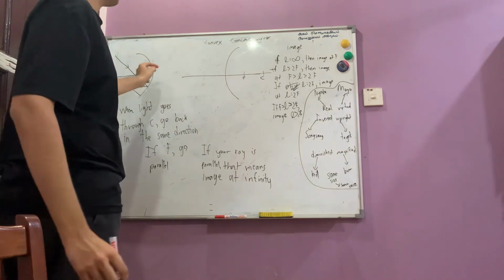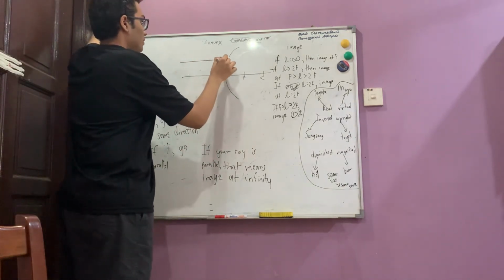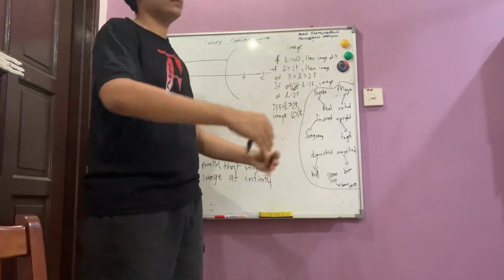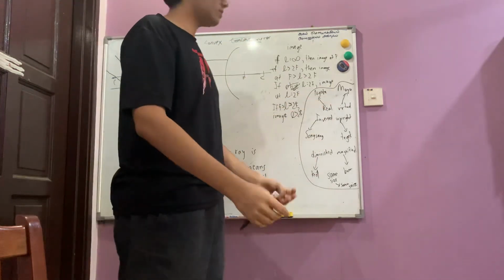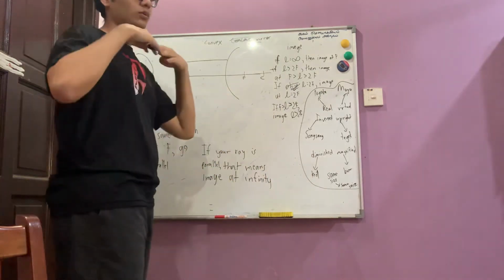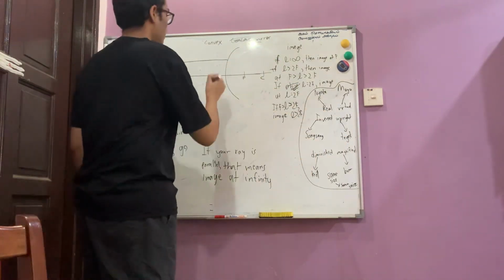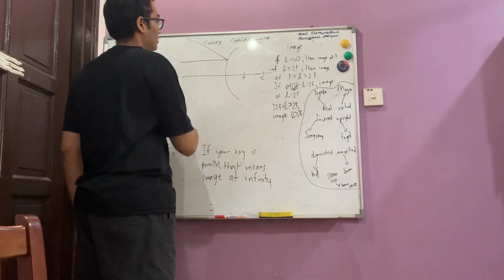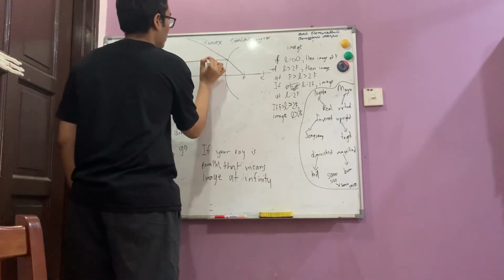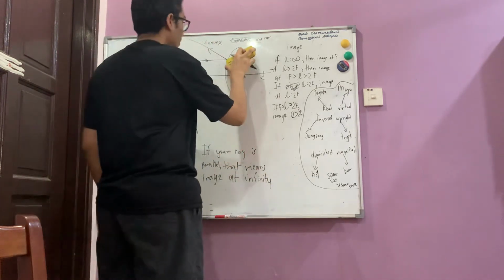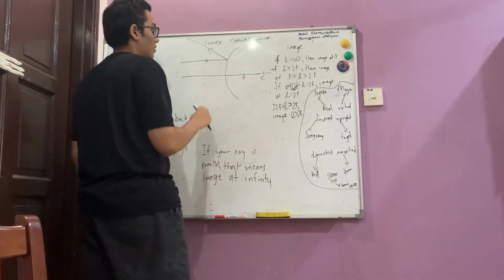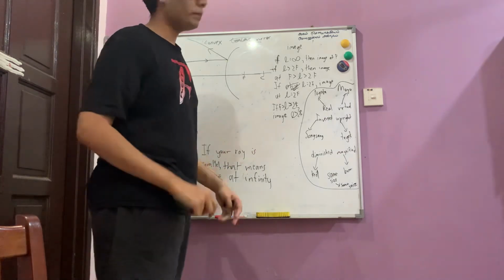If parallel, must go to F, since this one is moving outwards, whereas concave is moving inwards, ke dalam. Convex is moving outwards. If moving outwards, light goes like this, straight to F. But you need to remember, if light goes out, that means it will never meet.